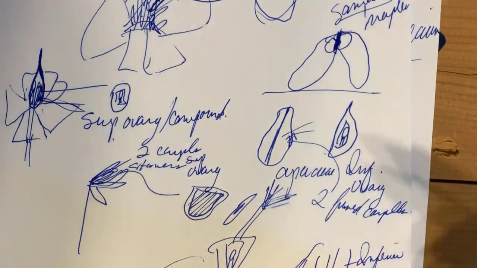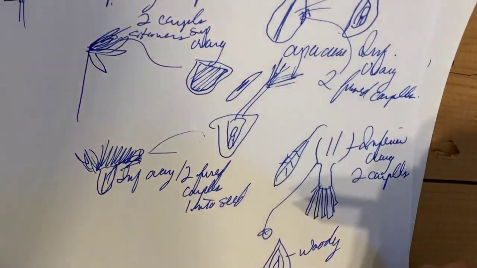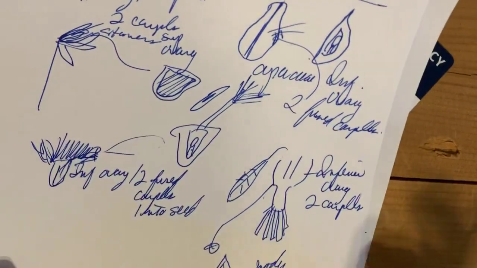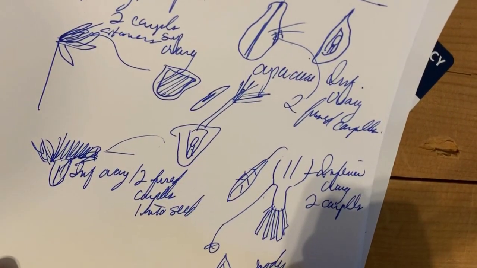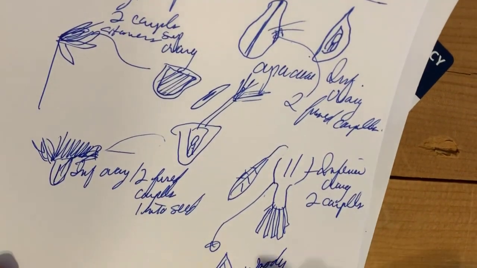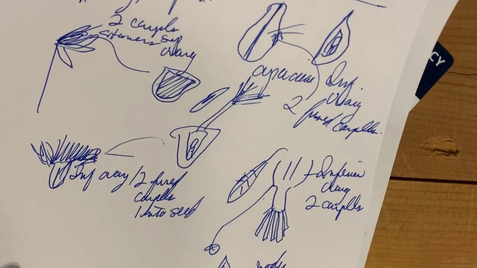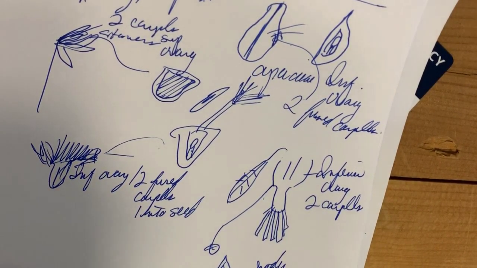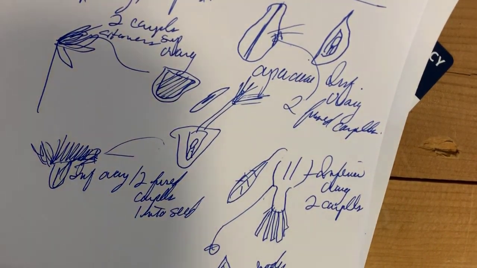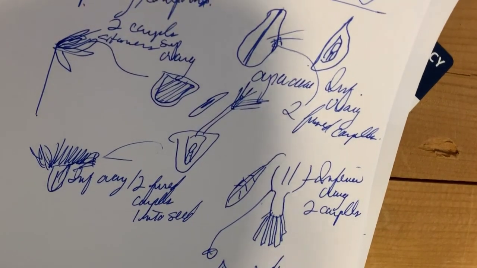And then we've got inferior ovaries that lead to the development of a cypsela, like we see in the Asteraceae family. And then even in nuts, which is hilarious because most people think that all of these are nuts, right? And the outside pericarp is woody in this case. We've got inferior ovary, two carpels, just like we have in the Apiaceae family with the schizocarp.